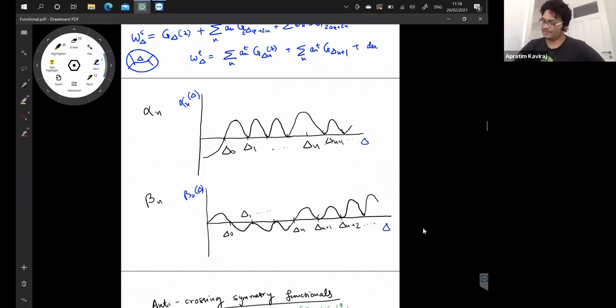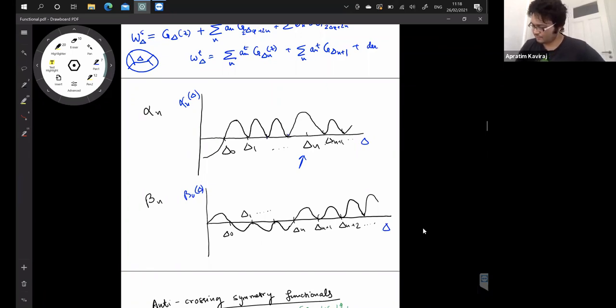These alphas basically have their zeros at all these positions because they trivialize the generalized free field. So they are zeros at all the double trace values, but alpha n is non-zero when the dimension is delta n.